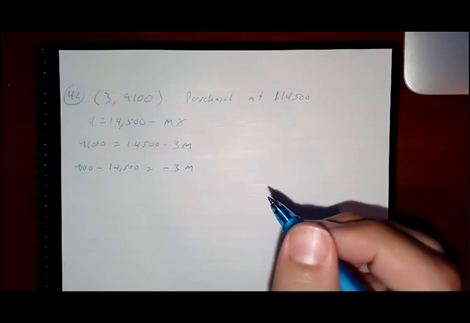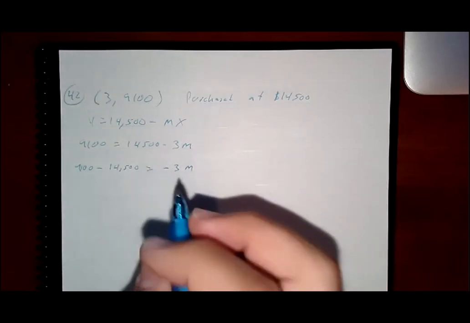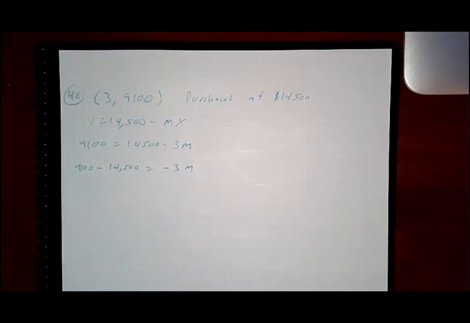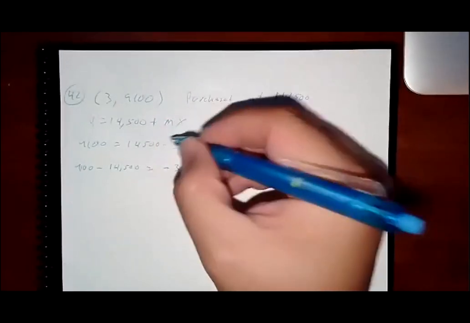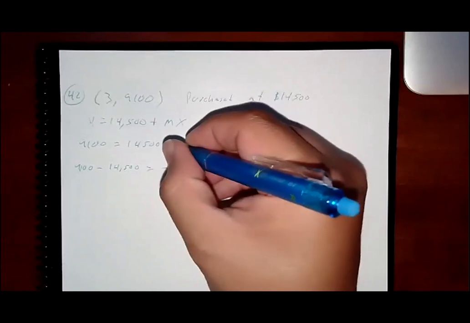9,100 minus 14,500. That is a negative. I should probably make this a plus because I don't know what that is.